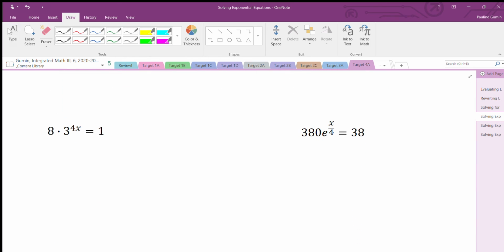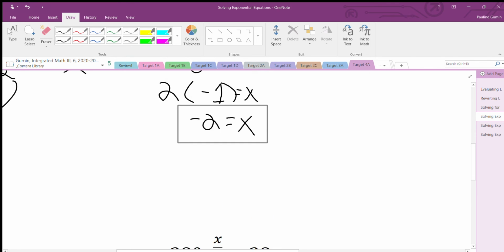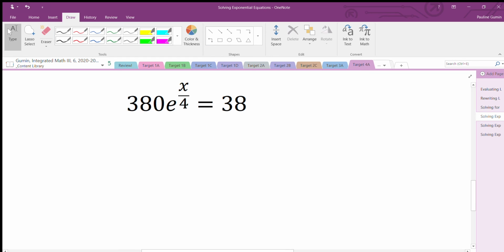All right, the next one I'd like to do with you is this one. Now we may not see the multiplication happening, but that 380 being right next to the e implies multiplication. So let's undo that. Let's undo that 380 times e by dividing both sides by 380.